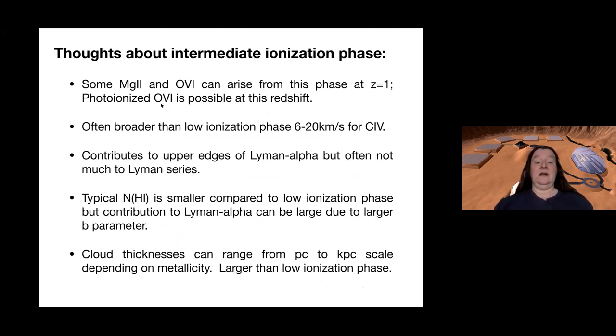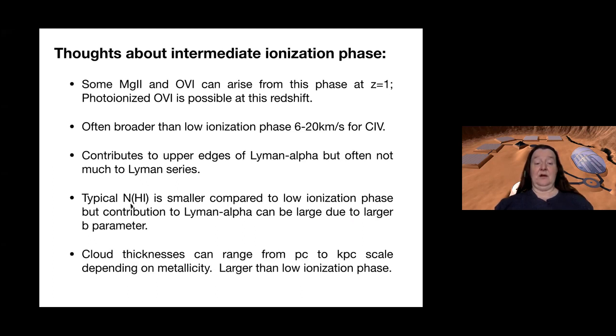So in some cases, for some densities, you can get low ionization and oxygen 6 absorption at redshift 1. These are often broader clouds, and that changes the way that they contribute to the Lyman series and Lyman alpha lines.